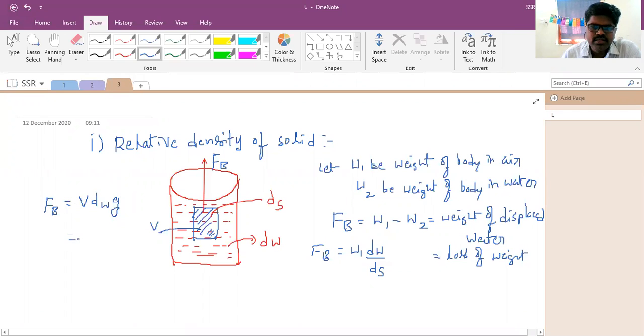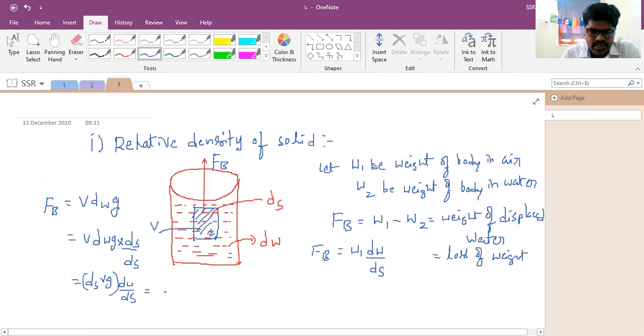This I can write as V dW into g, multiplied and divided by ds. Then ds into V into g into dW by ds.